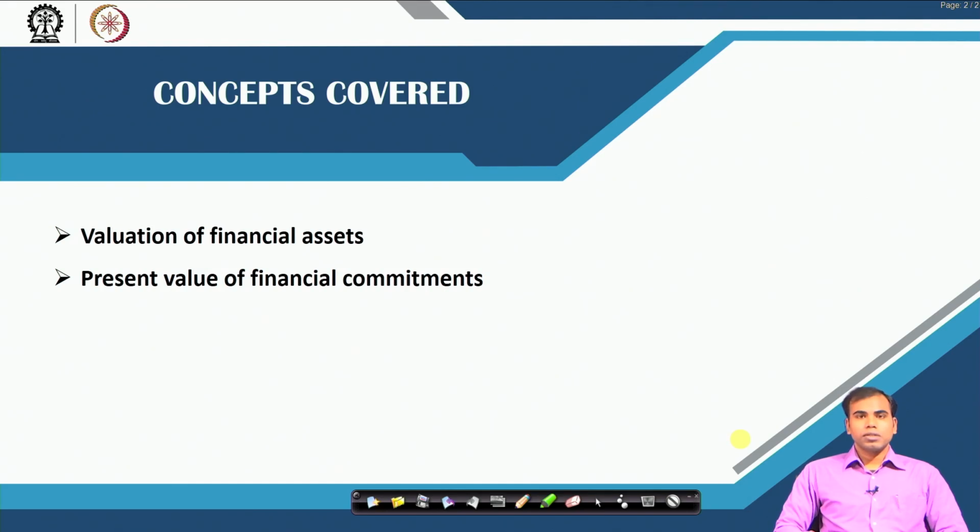First we will discuss what those financial assets are and their attributes in terms of financial features, and how these features can be incorporated in a decision making model, where we can understand the cash flows generated by these financial securities and the valuation of those cash flows in terms of present value.